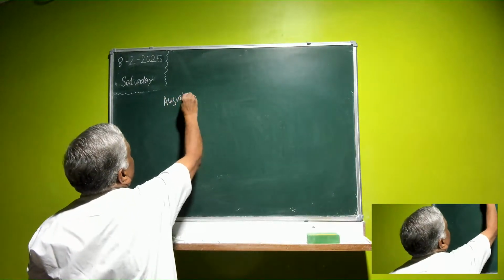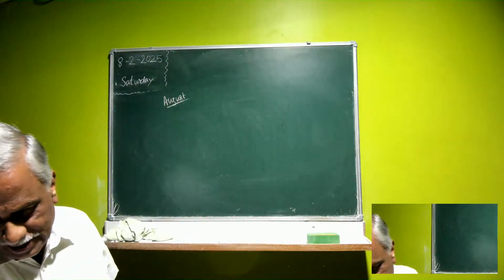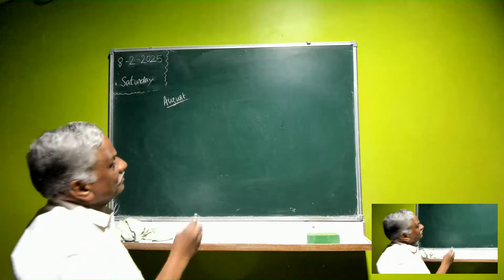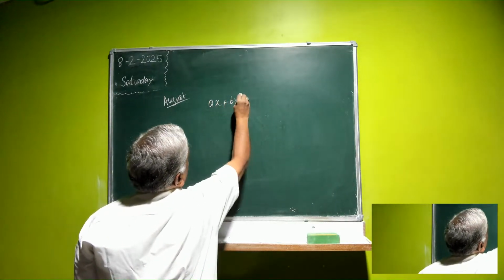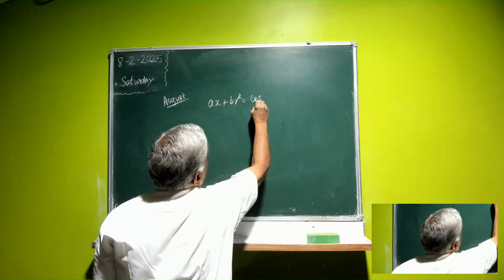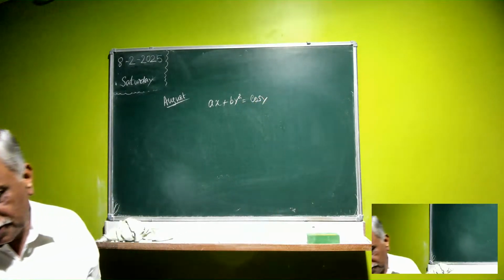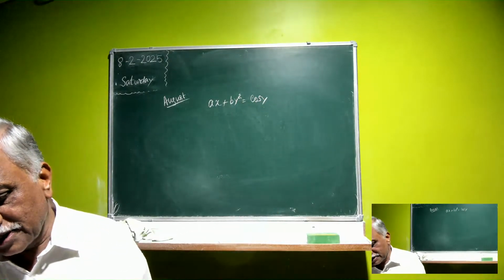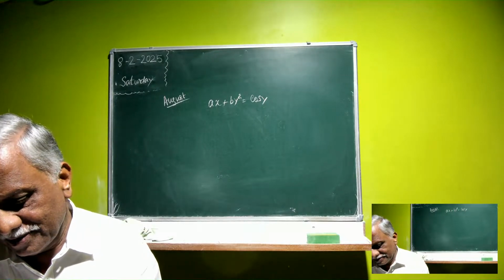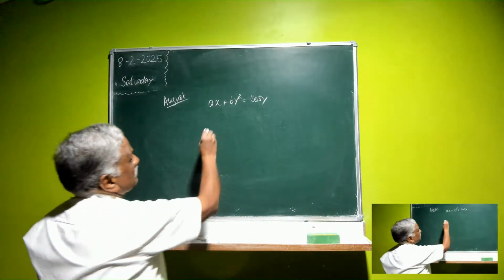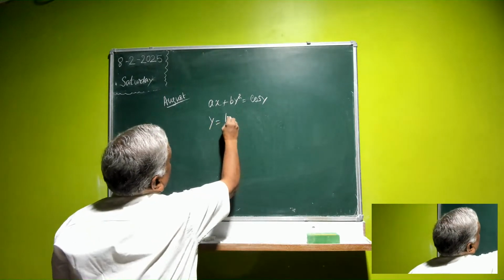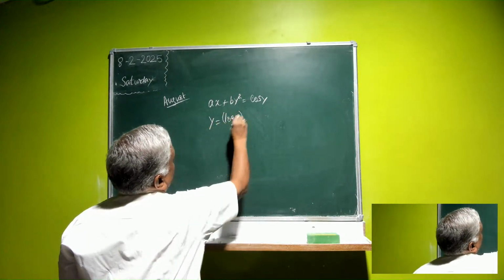And also, you have an idea how simple questions are asked in the examination. Ax plus by square is equal to cos y. They have already repeated this question in 2 different years. So there is no need of working. Next question is y is equal to log x to the power of x.